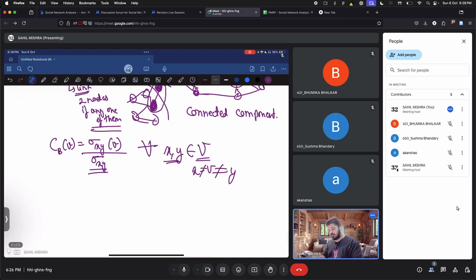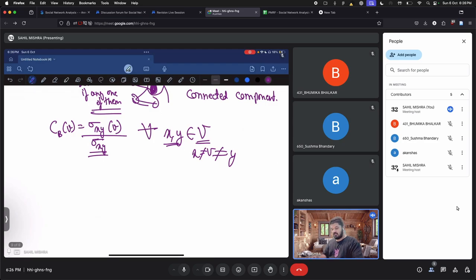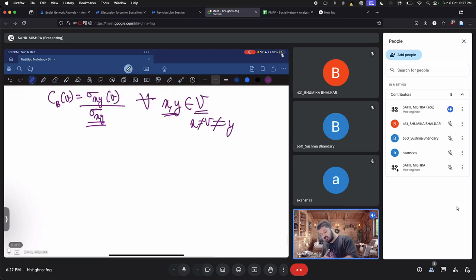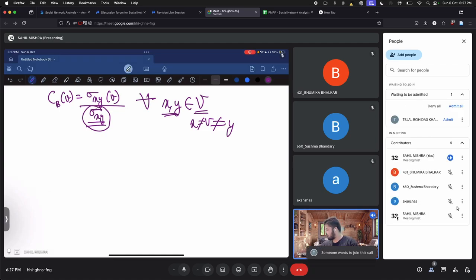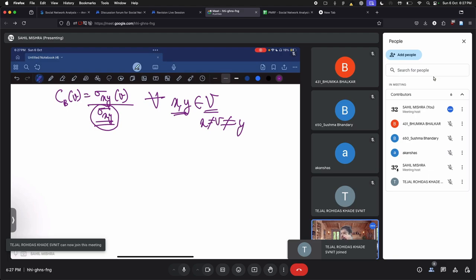So what does this measure? This is saying take all the shortest paths between x and y, the number of shortest paths between x and y. The length of the shortest path will be one. No, sorry, there will not be only one shortest path.